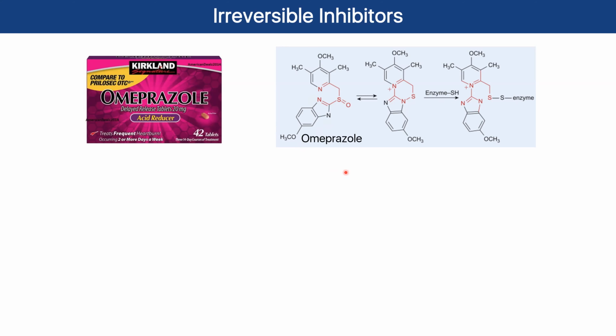It's pretty interesting. You have the compound like this, and then this compound gets activated under acidic condition, forming this structure. And this structure then inhibits the proton pump, reacting with the cysteine residue in the enzyme active site, forming a covalent bond here. So essentially, this is how omeprazole works.